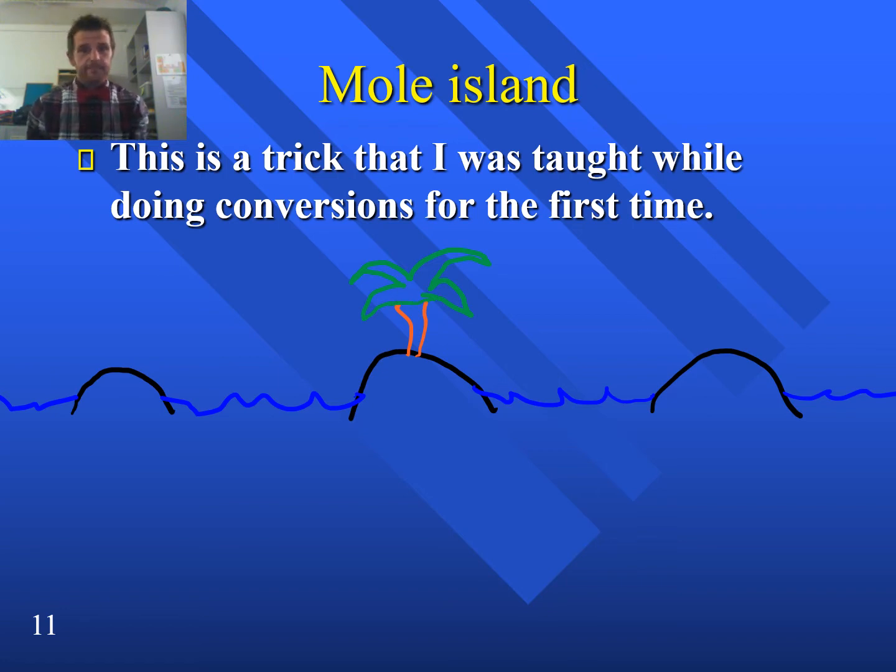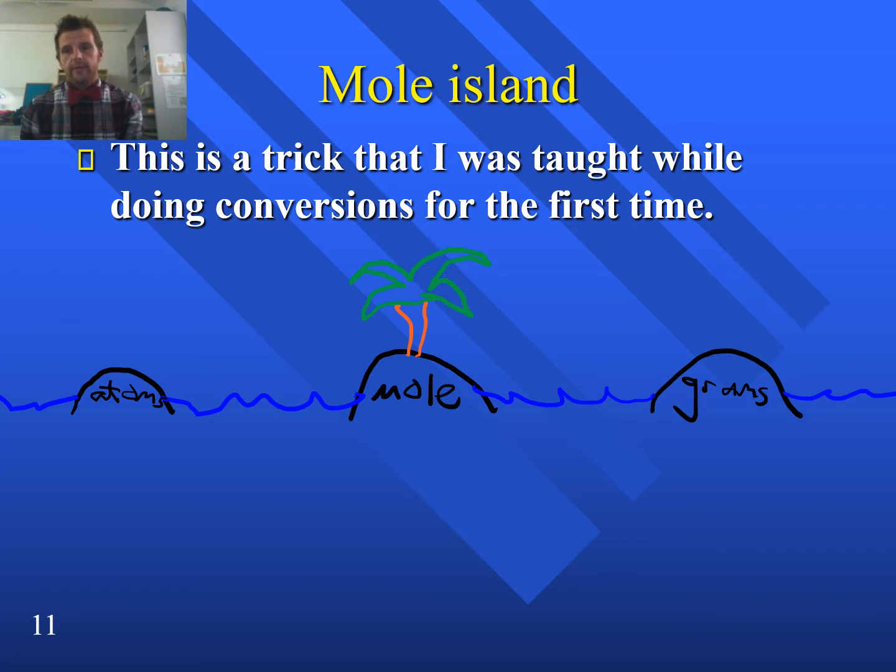So anyways, in the middle you have Mole Island. And off to the left here we have atoms. And to the right we have grams. Whenever you see a problem, you need to figure out what island am I on and what island am I getting to.